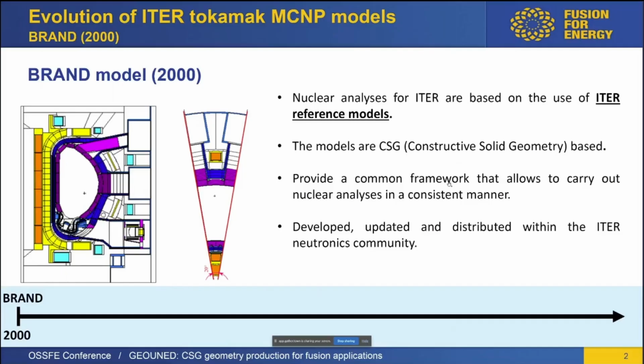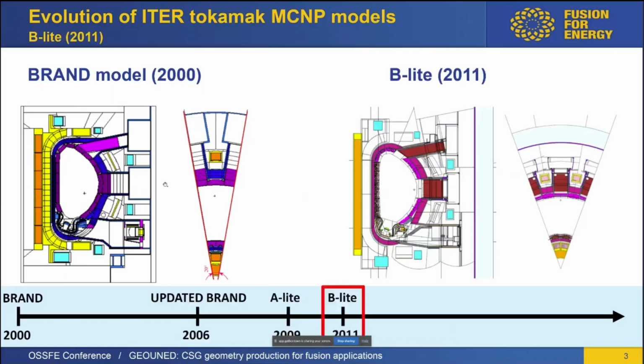And then along the years, as you can see, these models were gaining a lot in complexity. So we went from the 20-degree model to a 40-degree model, as you can see here. We have the reflective boundary conditions on these sides, just to get the whole toroidal representation. So this was already in 2011.